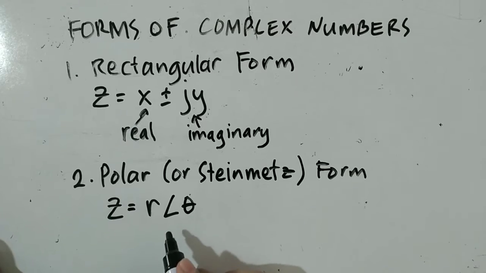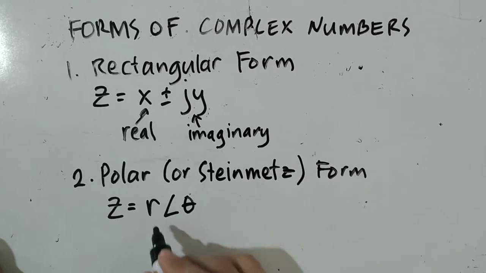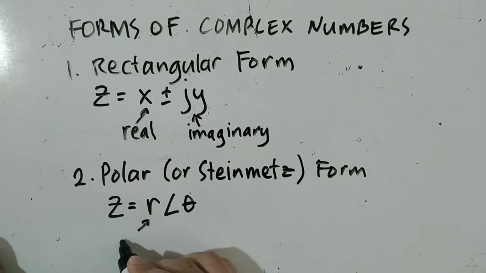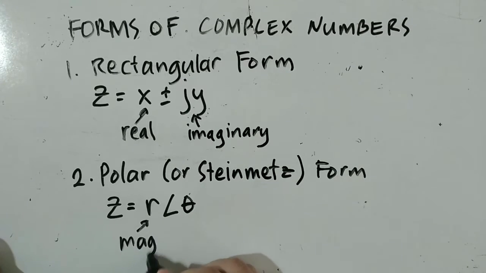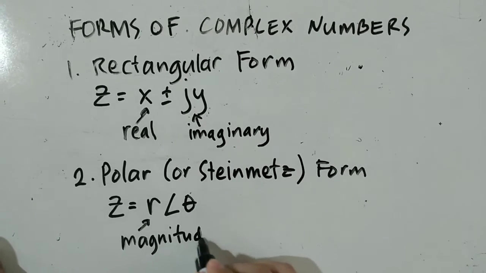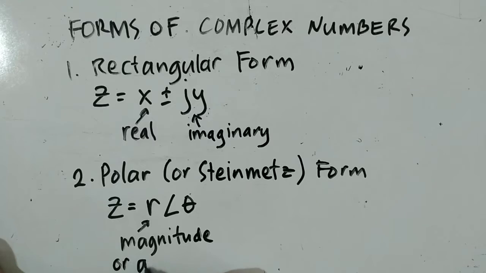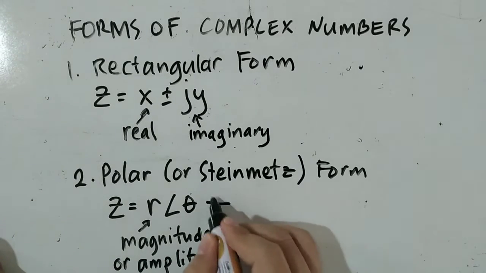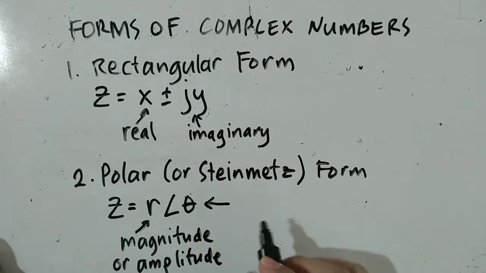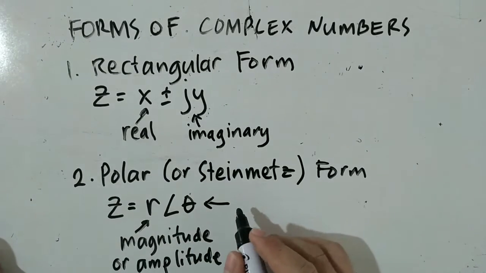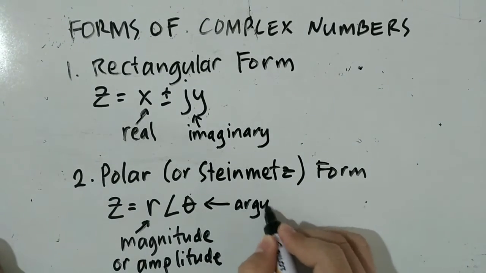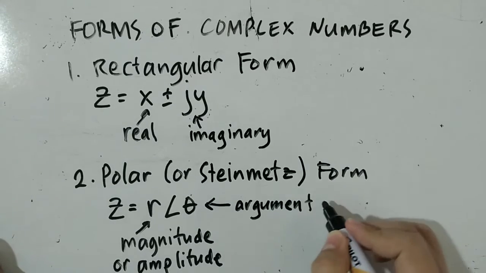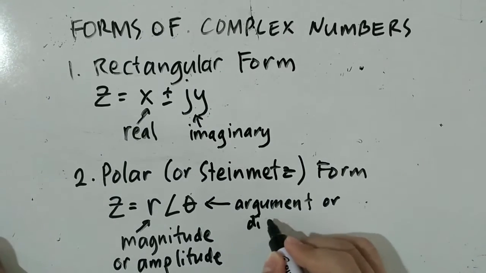We read this as r angle theta, where r is what we call our magnitude or amplitude, and theta is what we call our argument or displacement.